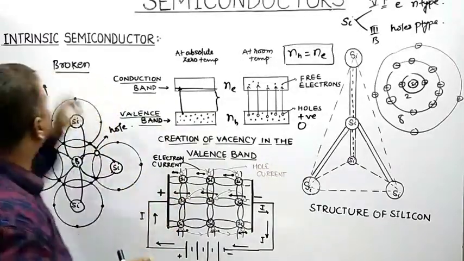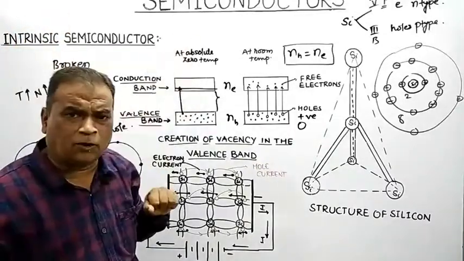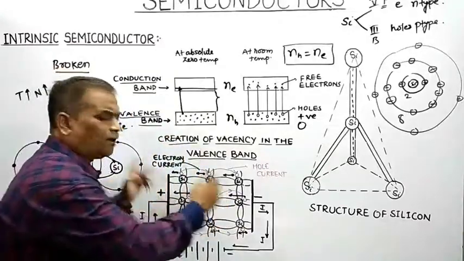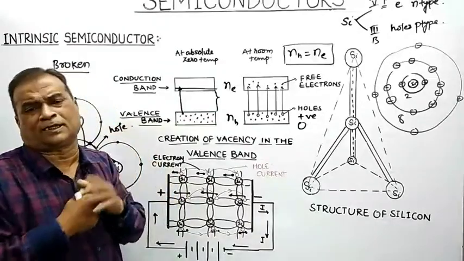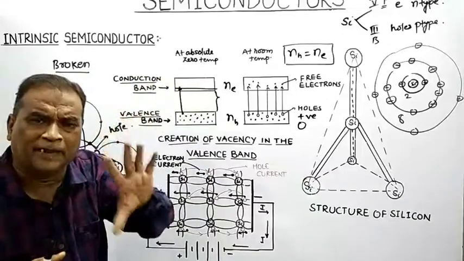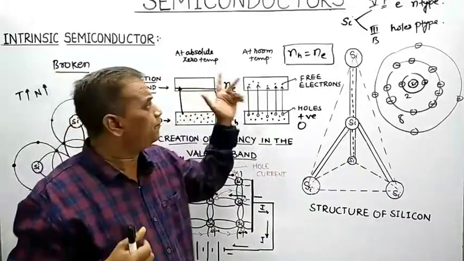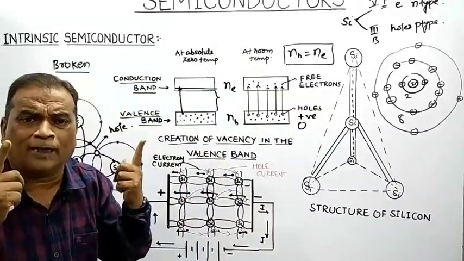Remember, as far as intrinsic semiconductors are concerned, at absolute zero temperature, all these four covalent bonds are strong. No electrons are available for conduction of electricity, which means that the intrinsic semiconductor behaves like what? An insulator. But at room temperature, what happens?